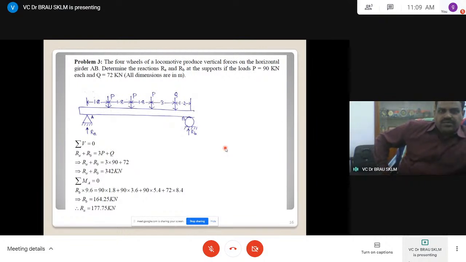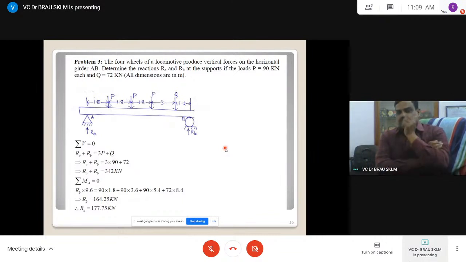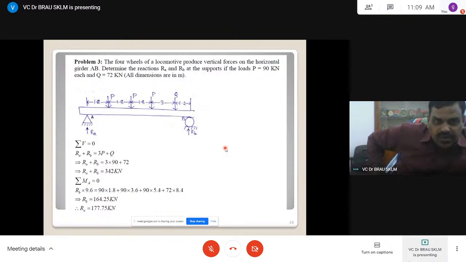Note down: the four wheels of the locomotive produce vertical forces on the horizontal girder AB. Determine the reactions RA and RB at the supports.